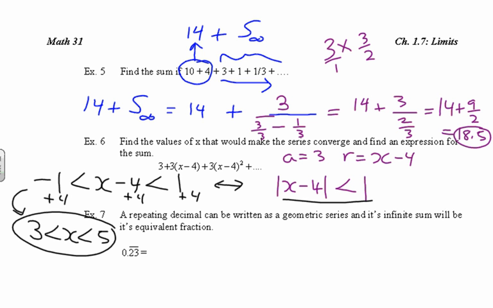So I added 4 here, here, and here, thus isolating my x. So if you have x minus 4 in between these two, it means your x was in between those two. Okay? This is actually now the condition for this series to converge.